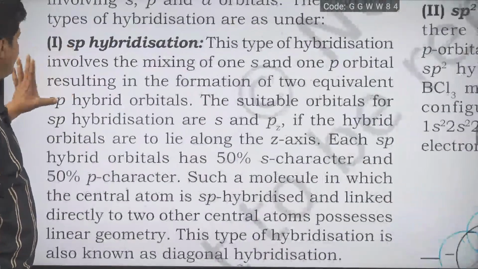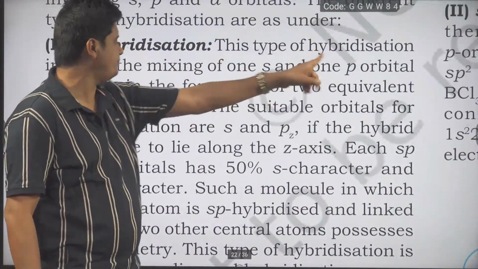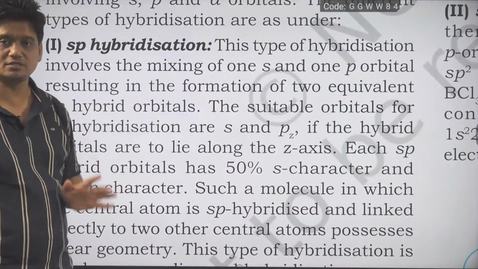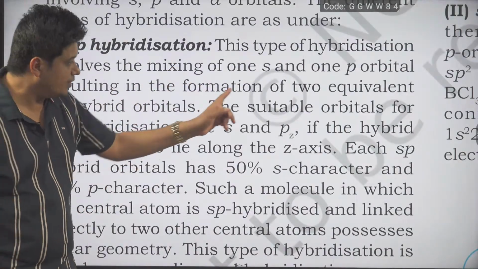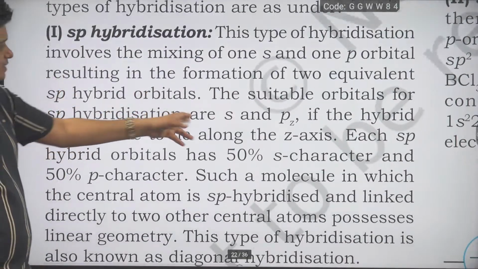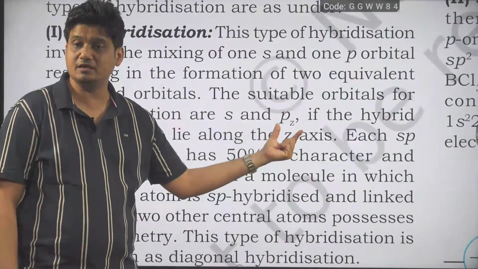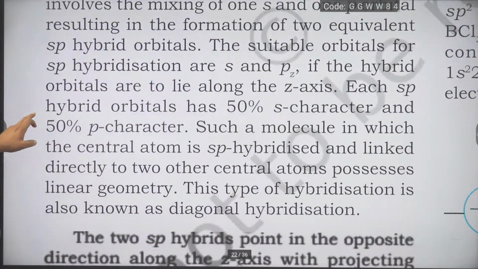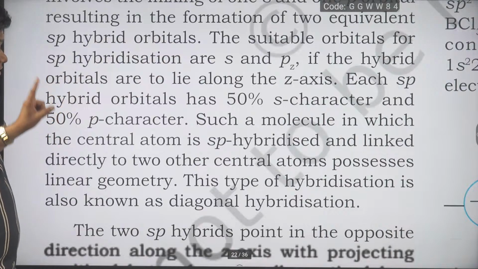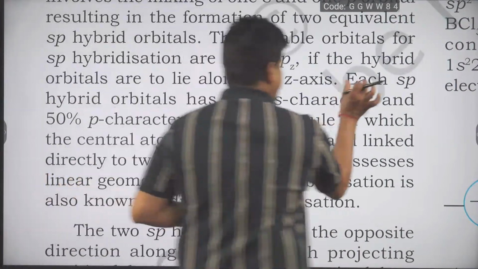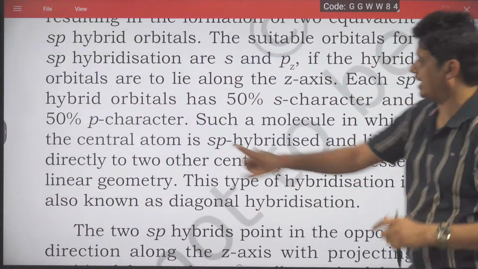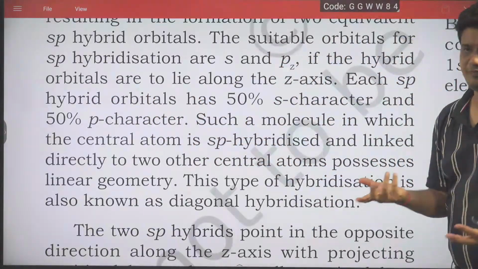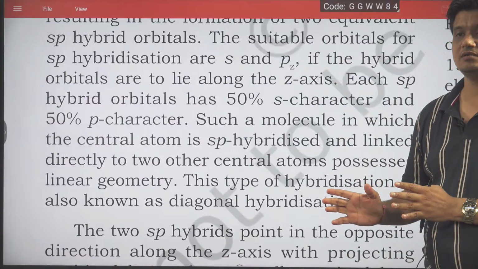This type of hybridization involves the mixing of one s and one p orbital, resulting in the formation of two equivalent sp hybrid orbitals. The suitable orbitals for sp hybridization are s and pz. I said usually we take pz. If hybrid orbitals are to lie along the z-axis, each sp hybrid orbital has 50% s character, so obviously p character is also going to be 50%.